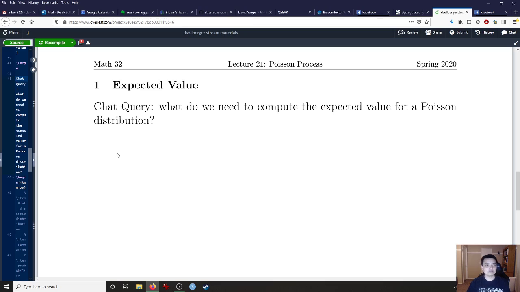So go ahead and spend a few moments on that. For one thing, remember that we're back to using a discrete distribution. So what techniques or what math stuff do we need to compute the expected value?